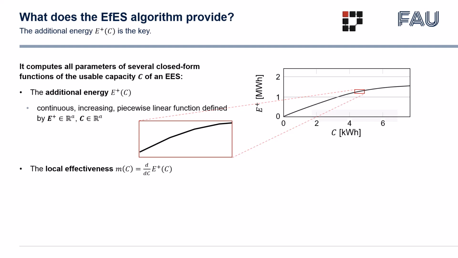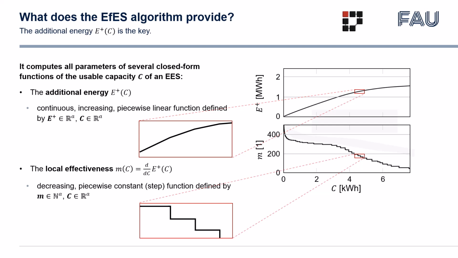It actually looks like an exponential distribution here on the right side, but once you take a closer look and zoom in, here in this red box, you can see that it actually is constructed out of piecewise linear functions, so straight lines between dots.